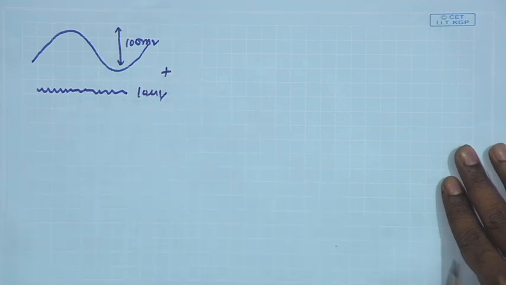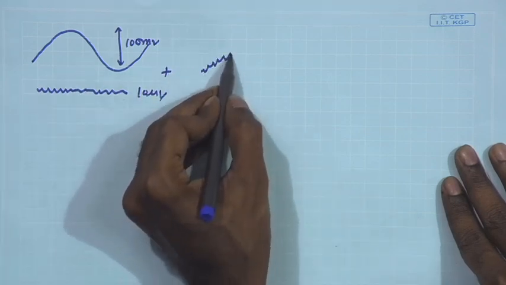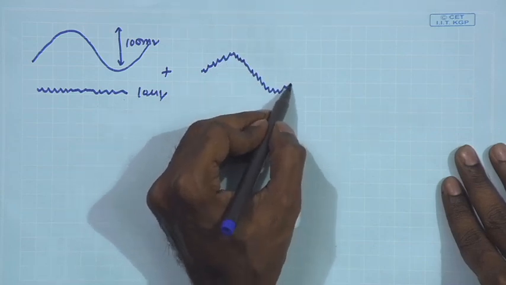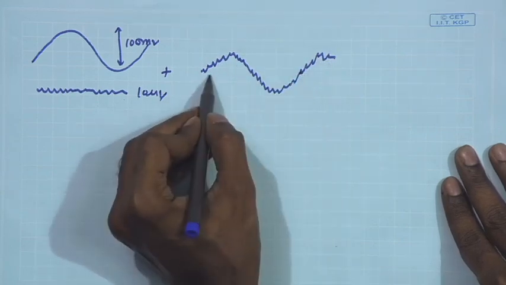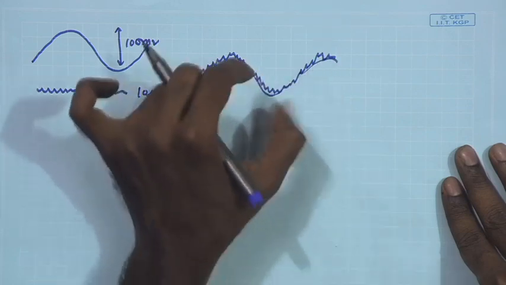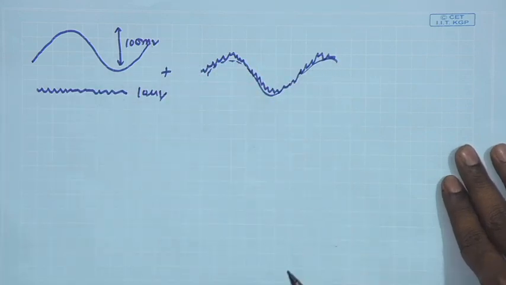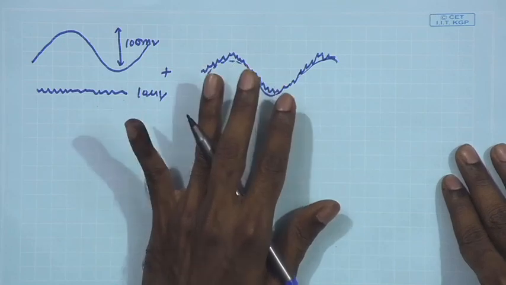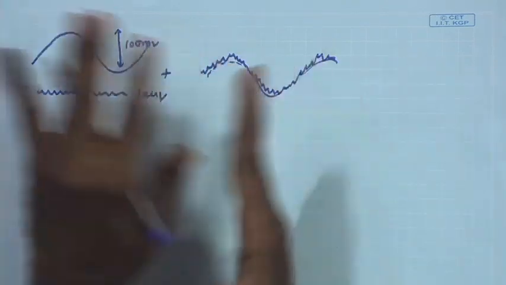So the actual signal that you are getting is basically the small peak to peak desired signal sitting on a highly undesired, large signal which needs to be rejected. So this is another non-ideality. This is coming from the signal part that also needs to be addressed.